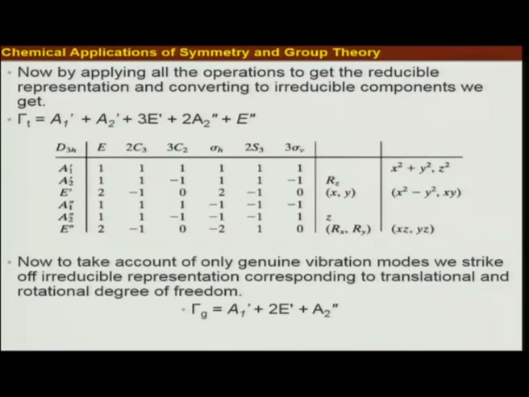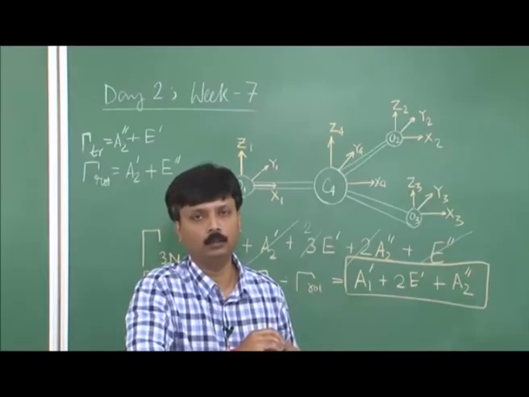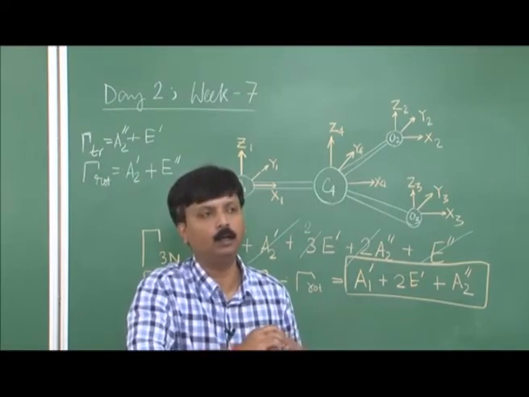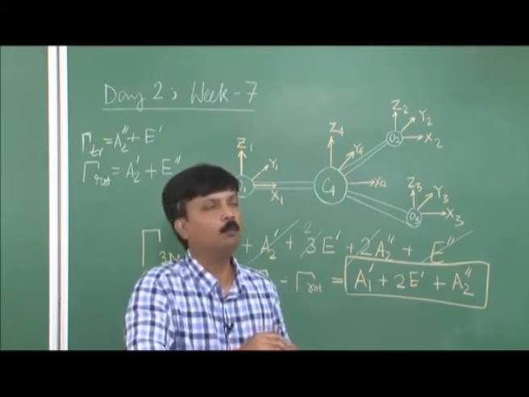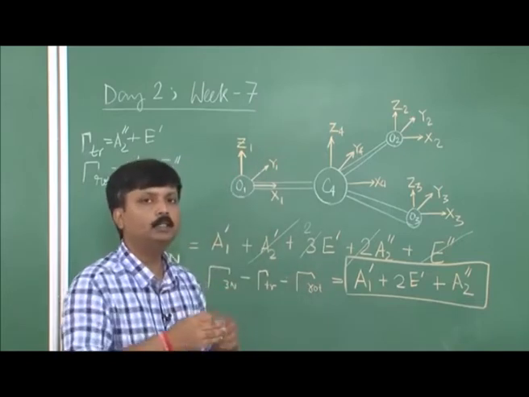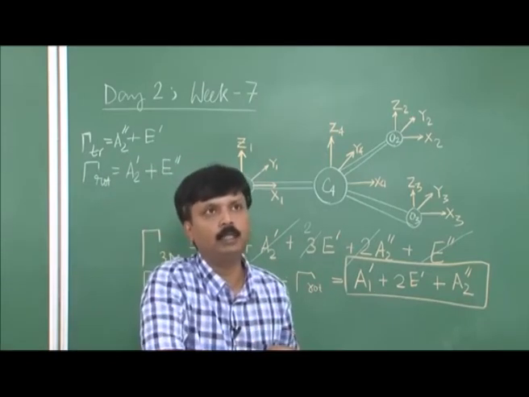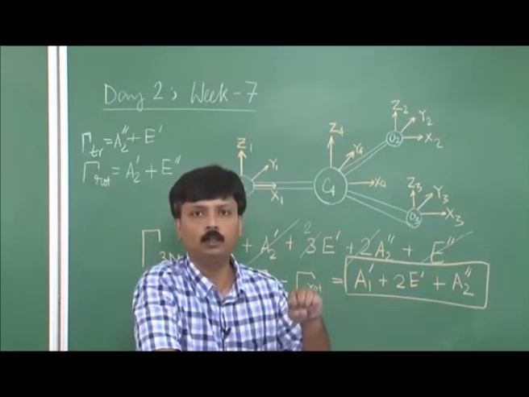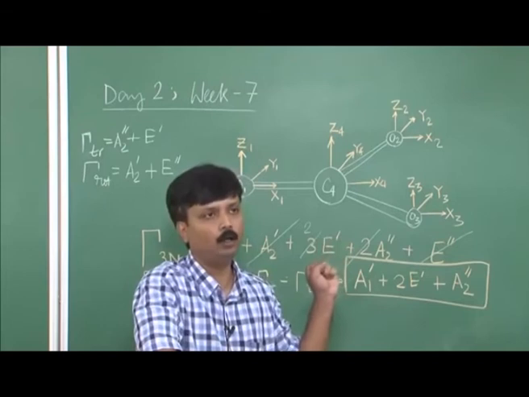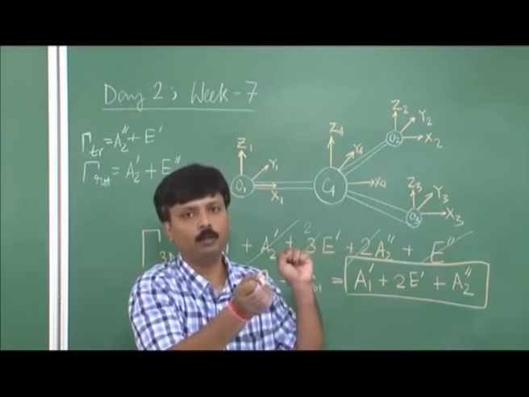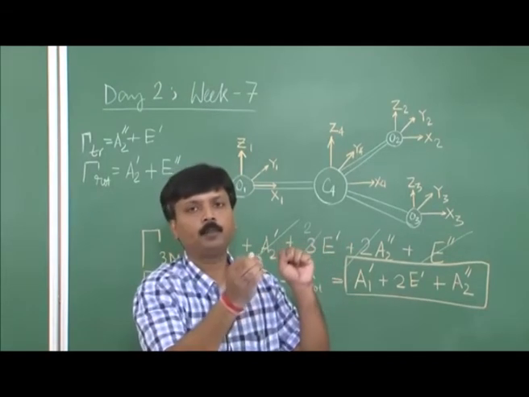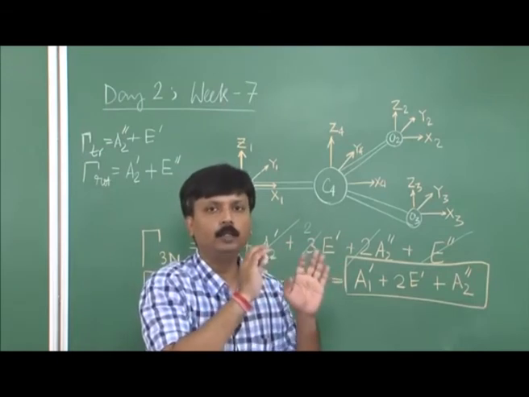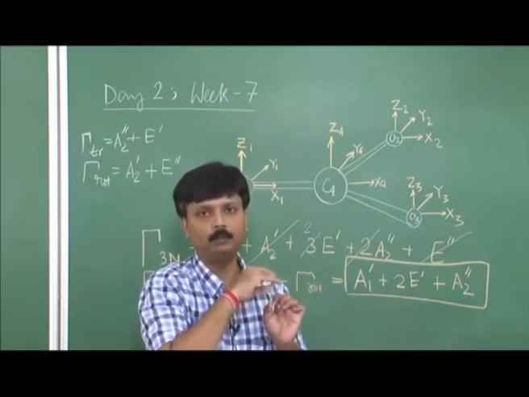So in this case I cannot comment on the exact bond stretching or movement of a particular angle, as it cannot be expressed in such a pure form, but I can say some combination of bond stretch or combination of bond angle movement will give rise to this E type of symmetry.